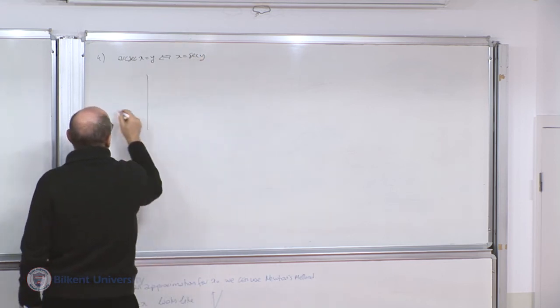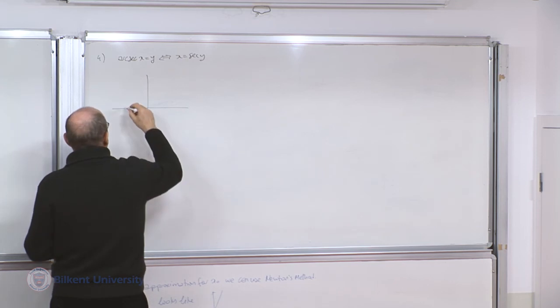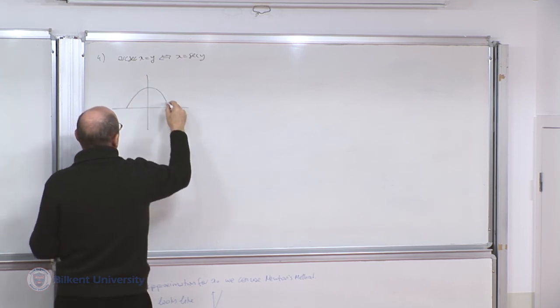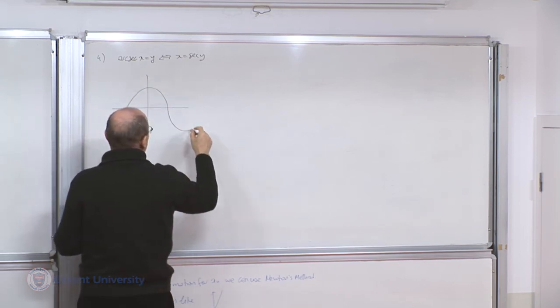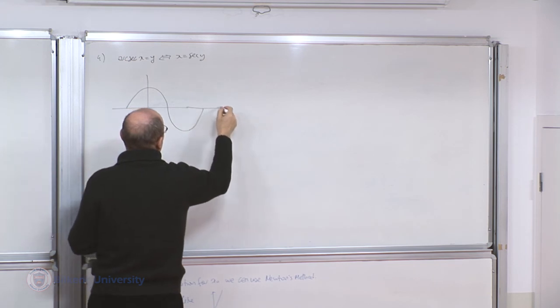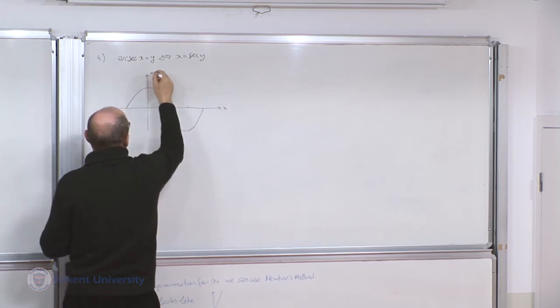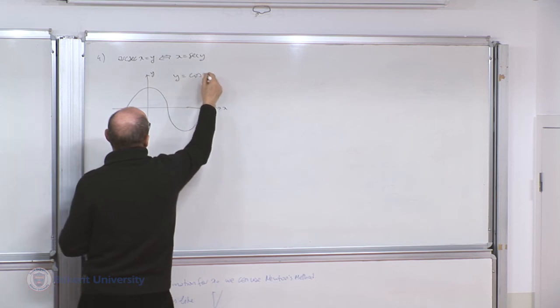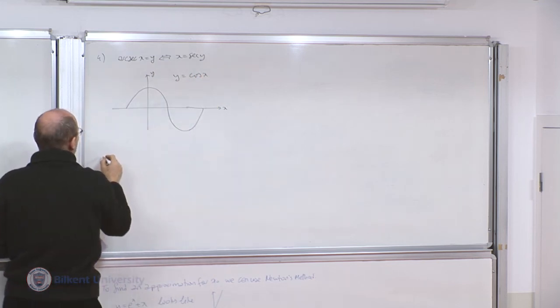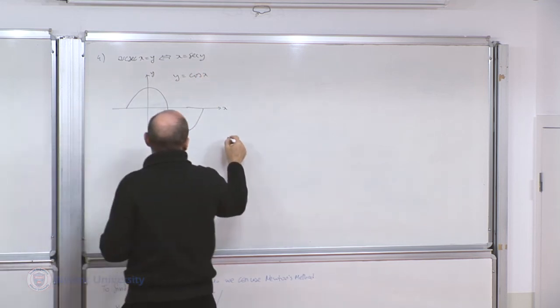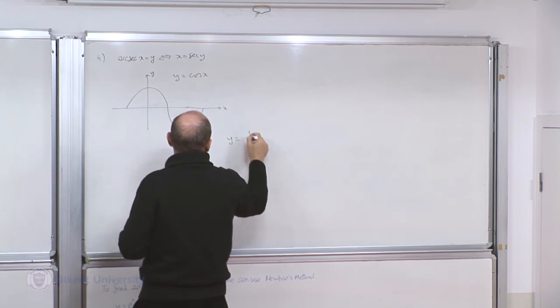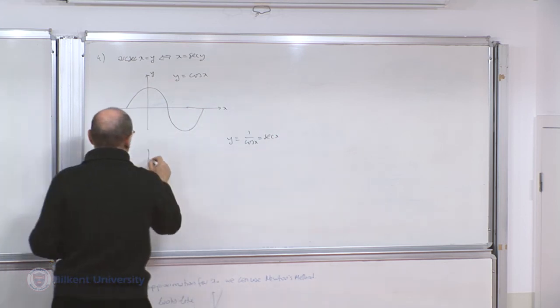First of all, we look at cosine x. So you see this is y equals cosine x. Now I want to look at y equals 1 over cosine x, which is secant x.